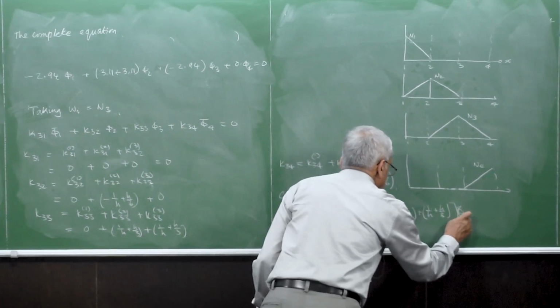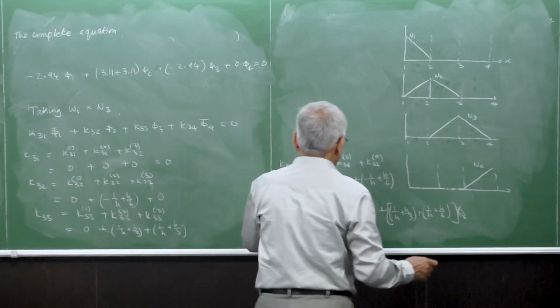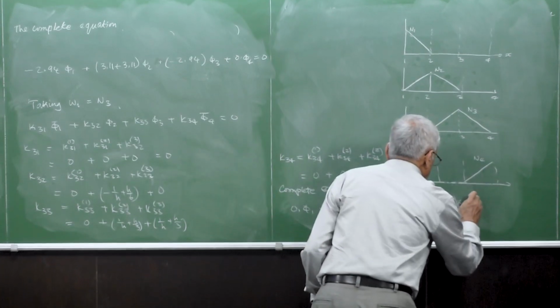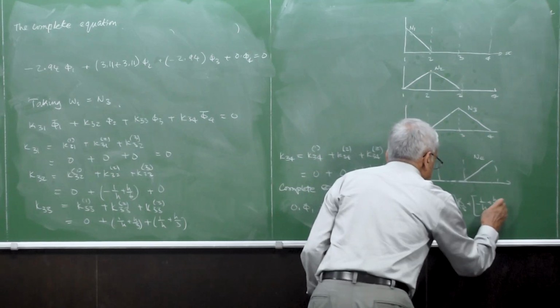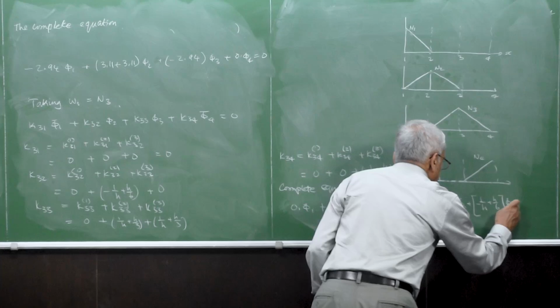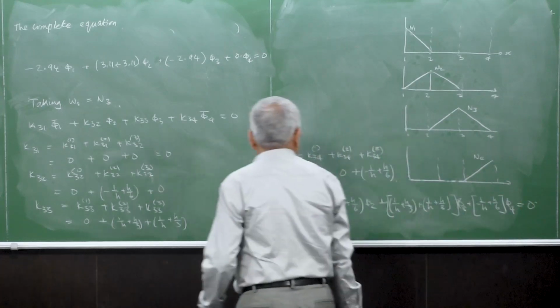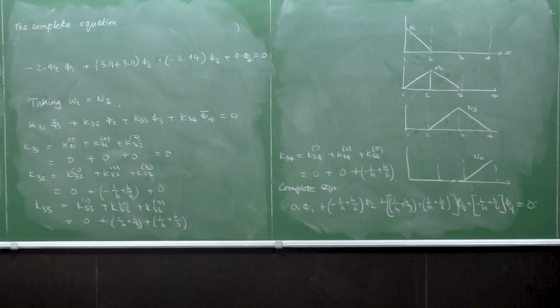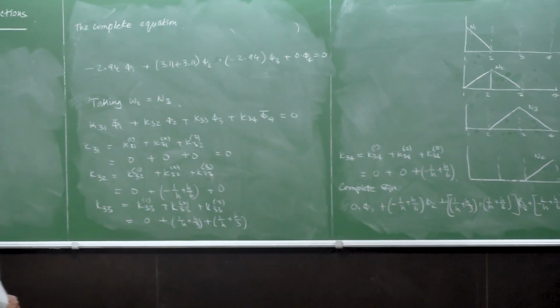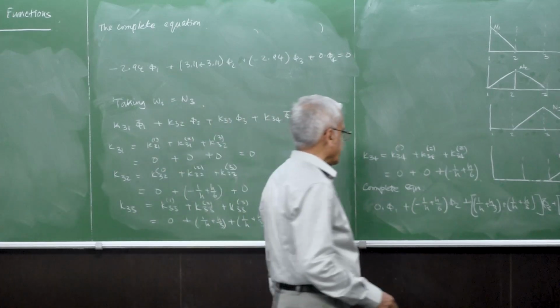This is phi 3. And for phi 4, we have phi 3, 4 here. And we have minus 1 by H by 6. Okay, so the complete equation looks like this one. Right? So these are the two equations.